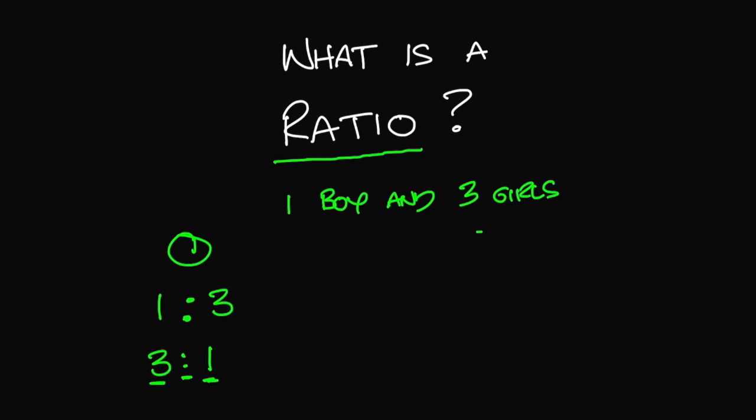The second way that we might be able to express this is using a fraction. So I could use a fraction to separate one value from the total. Now this is a very big difference from using the colon. Notice when I used the colon, the only 2 numbers that showed up were 1 and 3.